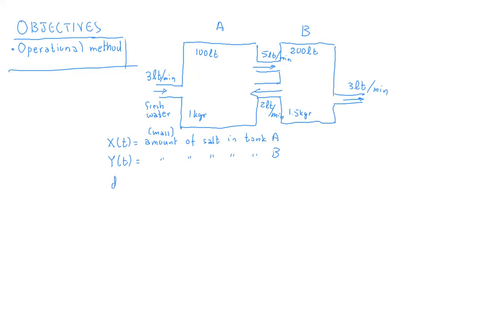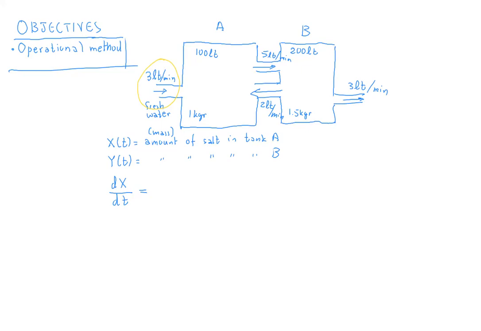So I would like to start by writing dx over dt and ask you what contributes to the rate of change of the salt in tank A. So first of all, the inflow of fresh water doesn't have any bearing on the mass of salt in the tank, right? I hope we can all agree on that.